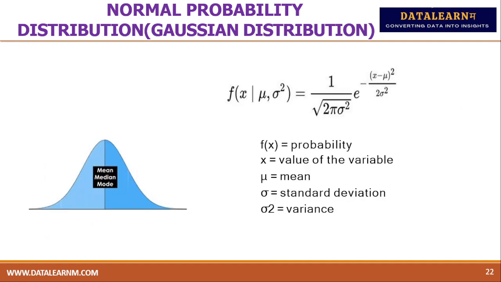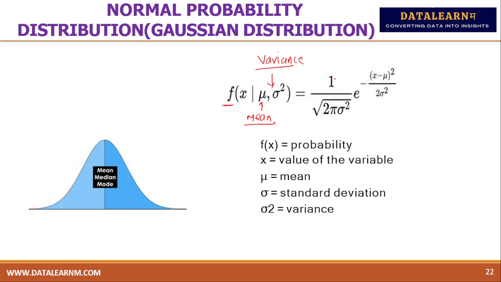Okay. Then if you want to calculate something for the normal probability distribution, the Gaussian distribution, you can write a formula: function of x given mu comma sigma square. This mu is nothing but the mean for that particular data. Sigma square is nothing but the variance, right?